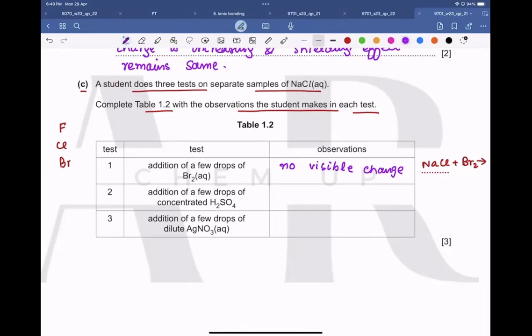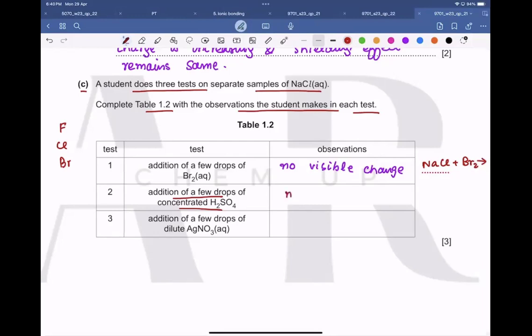Okay. Then addition of few drops of concentrated sulfuric acid. So if you recall, when few drops of concentrated sulfuric acid are added to sodium chloride, no, it's not a neutralization reaction, that is already a salt. So yes, very good, Hassan.